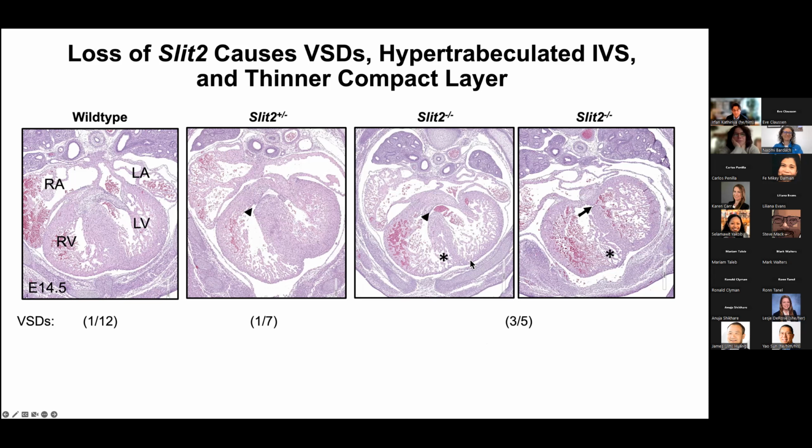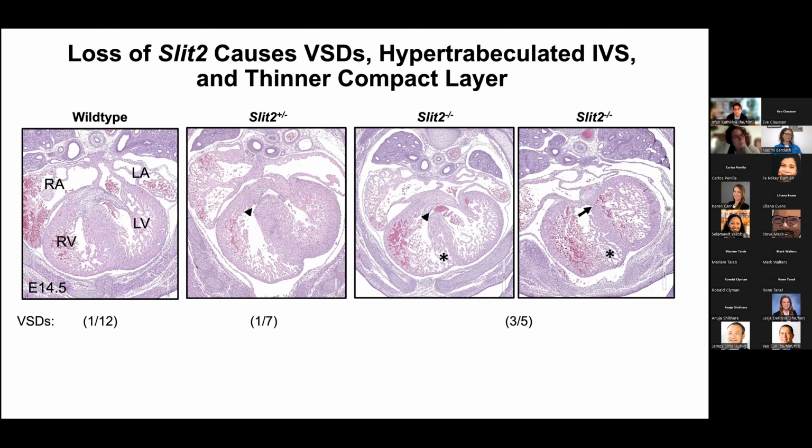I would think of it a little bit differently. First of all, we probably don't know exactly what non-compaction is and whether it's just a variant of some other kind of cardiomyopathy that we see.